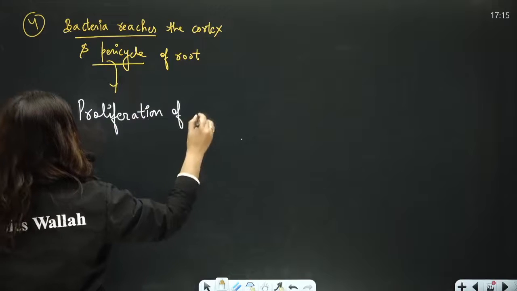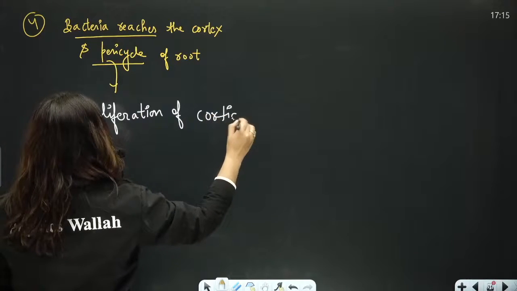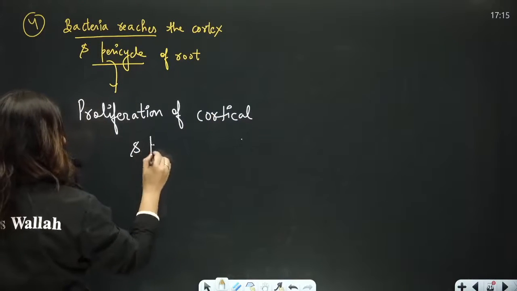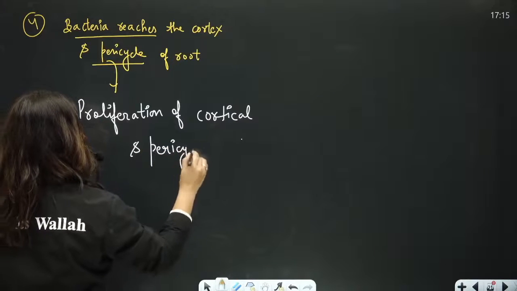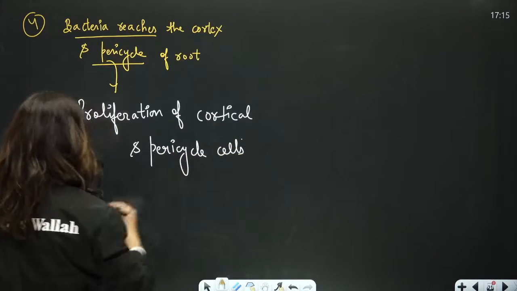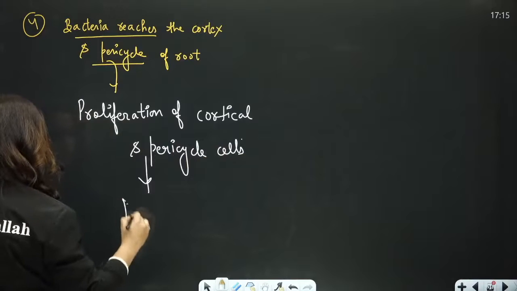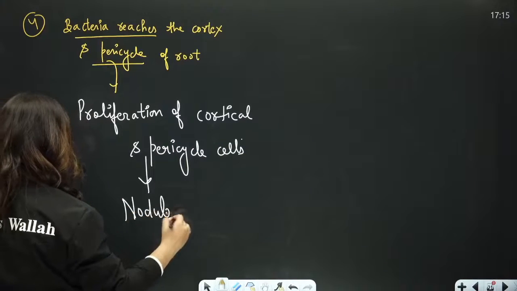There is proliferation of cortical and pericycle cells, due to which a nodule is formed.